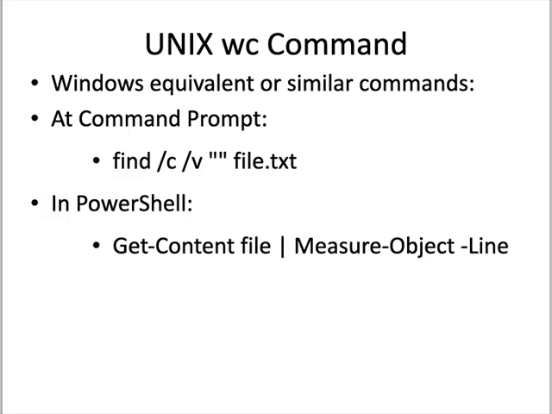So that's one way to get the number of lines. Another way is to use get-content file and kind of use this as an object and just say I want to see the count attribute, which will tell you the count of lines in the file.